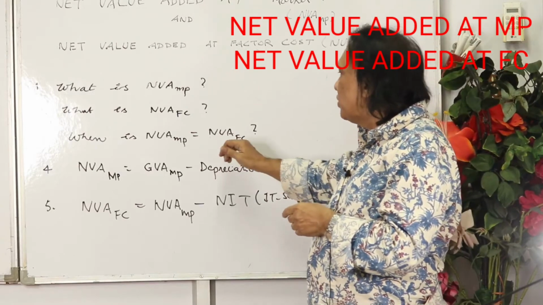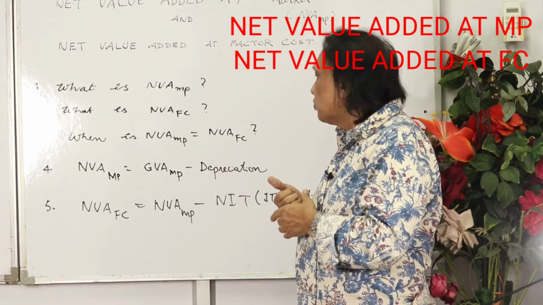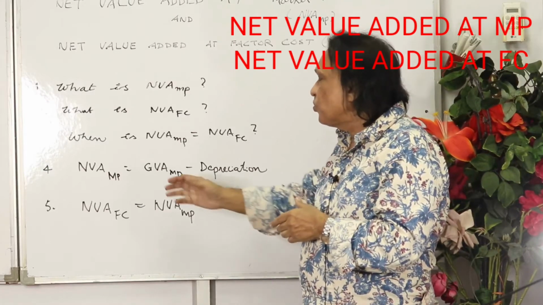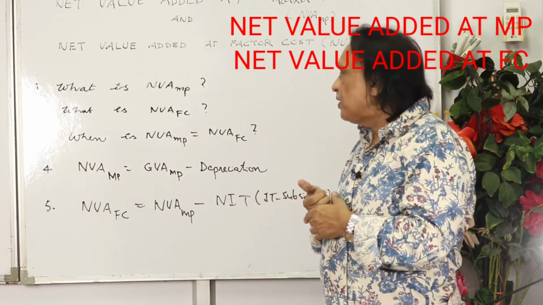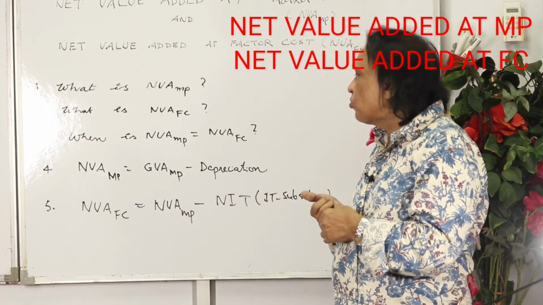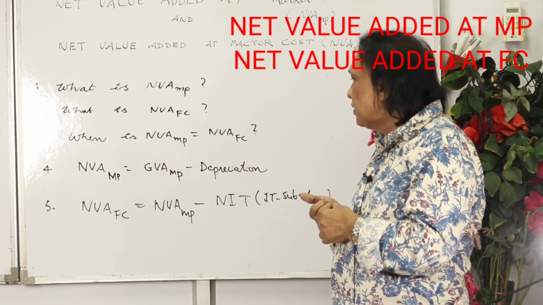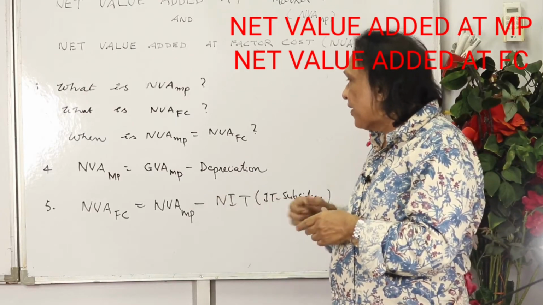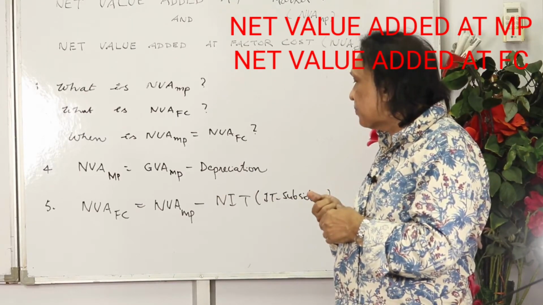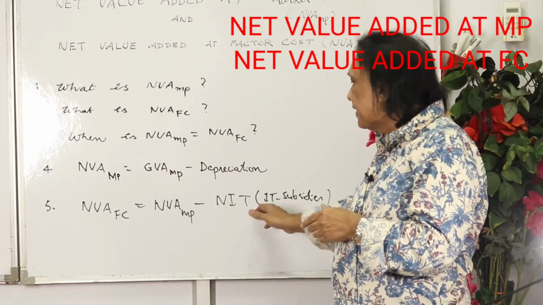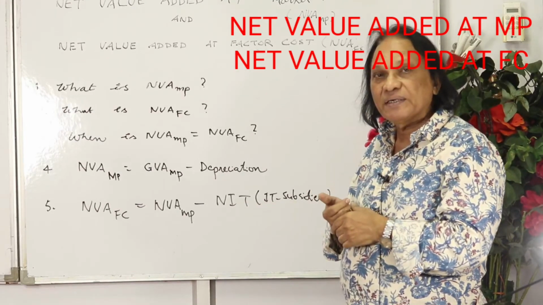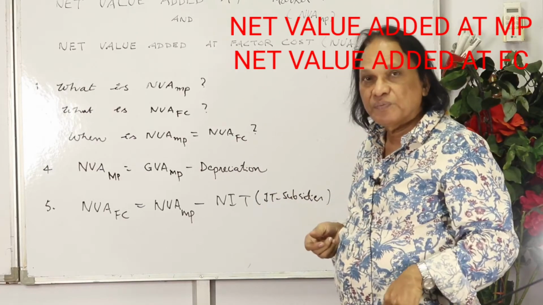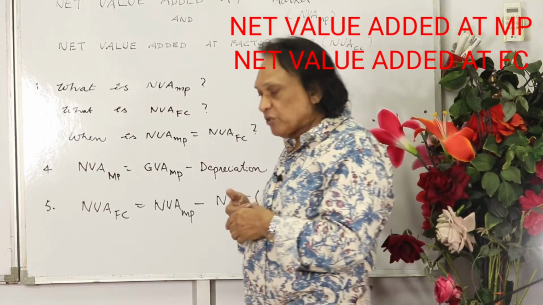When is net value added at market price equal to net value added at factor cost? Then you have the formula: net value added at market price is equal to gross value added at market price minus depreciation. Net value added at factor cost is equal to net value added at market price minus net indirect taxes, that is nothing but indirect taxes minus subsidies. Let's start today's topic.